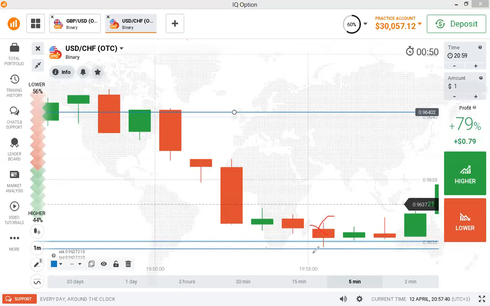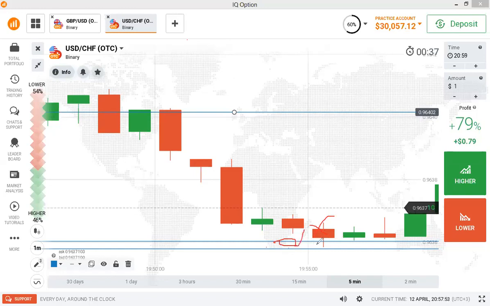I will tell you the reason why. I told you to wait for the candle to close inside this area, with a rejection, so that you place call. But here you can see it closed above. So it's too risky for you to place call here. You should wait for the candle to close inside with the rejection.